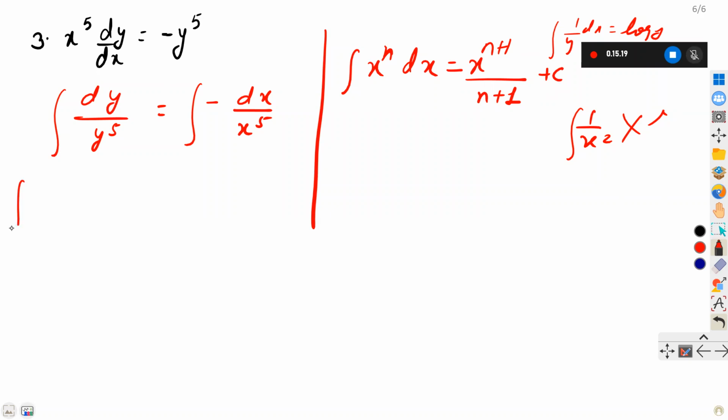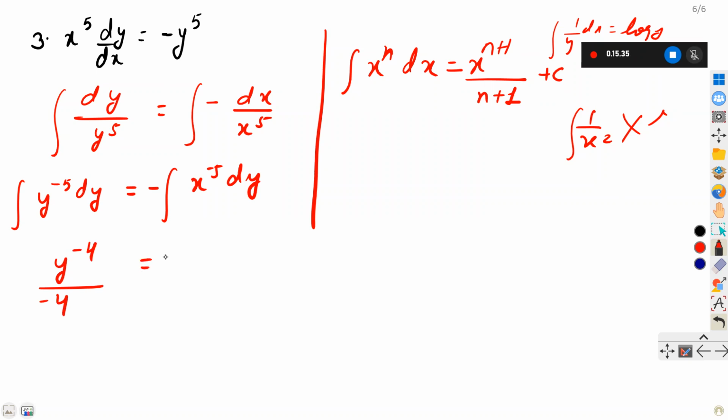So we can write this as y raised to the power minus 5 dy. Here we can add 1 to the power, which will give y raised to the power minus 4, and we can divide it by the same, minus 4, plus integration constant c. Here also we can do minus 4 by minus 4.